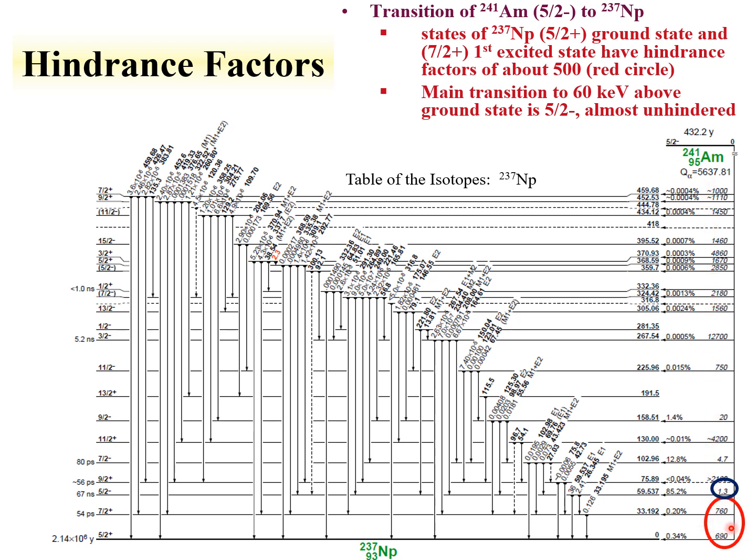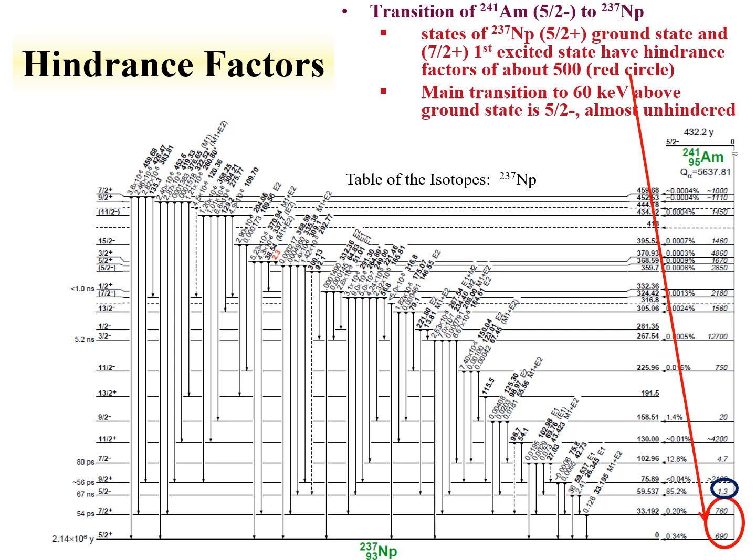And these are our hindrance factors. States of neptunium-237 that are in the 5/2 plus ground state and 7/2 plus first excited state have hindrance factors of about 500, and you can see those values listed right over here. So we can say that this isn't a particularly favored transition.